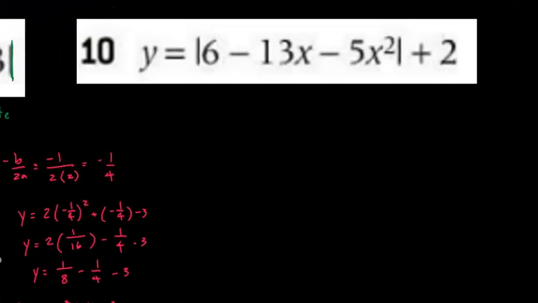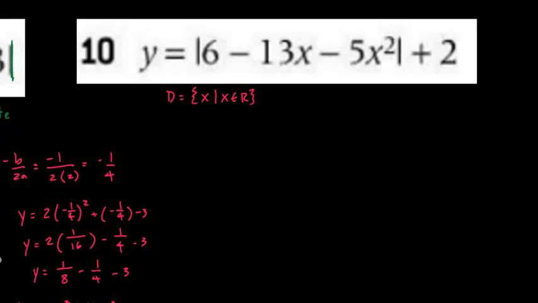Okay. So for this one, we have pretty much the same deal. We have this quadratic inside. And once again, quadratic, absolute value. The domain is going to be x such that x is an element of all real numbers. Now, the y, okay, we have to look for it.